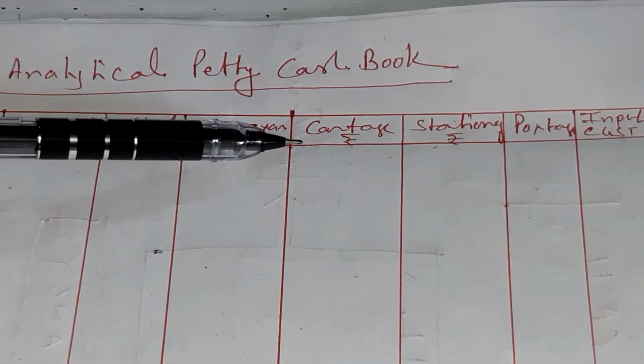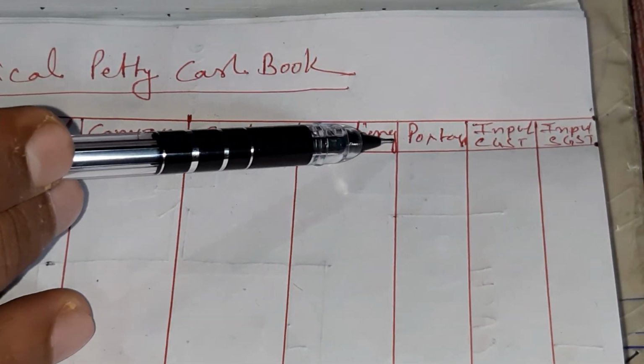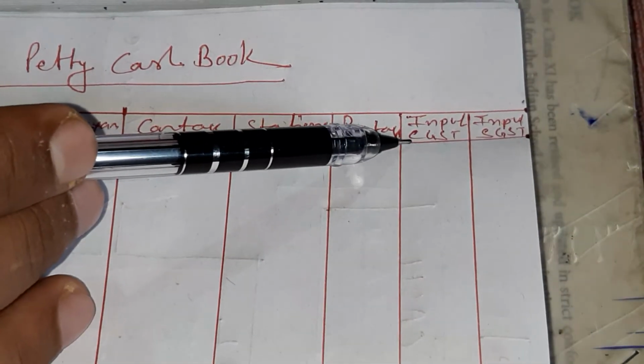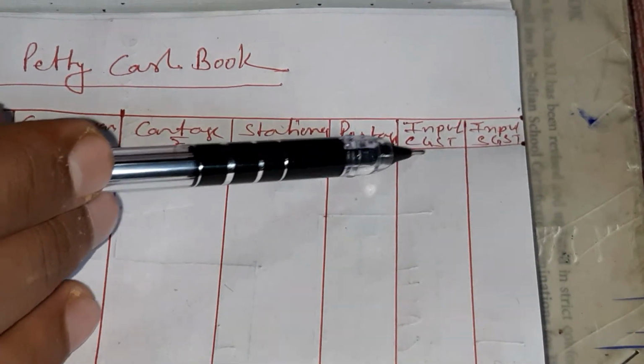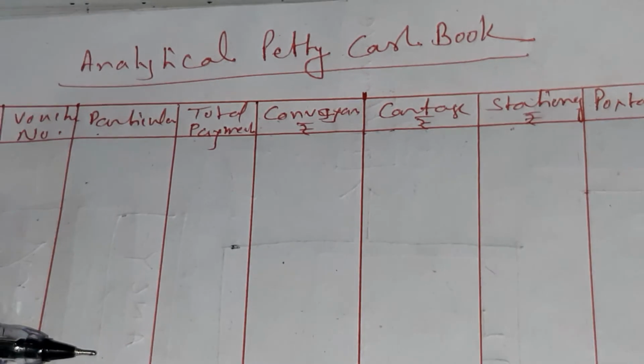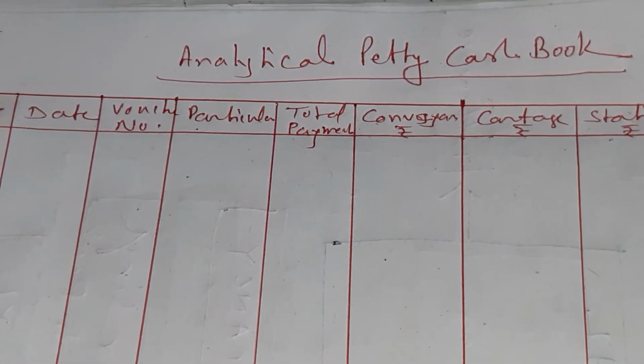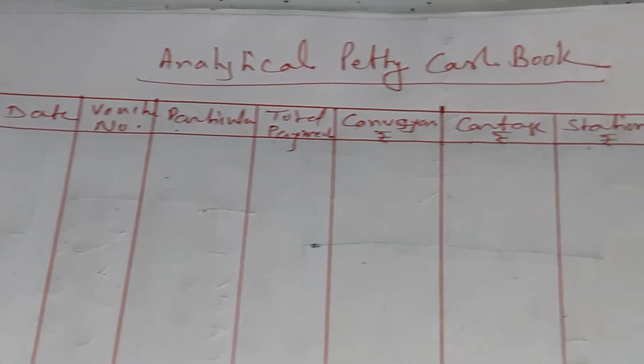Then conveyance, cartage, stationery, sundry expenses. You can also write postage, input CGST, and input SGST. This is the format of the petty cash book.